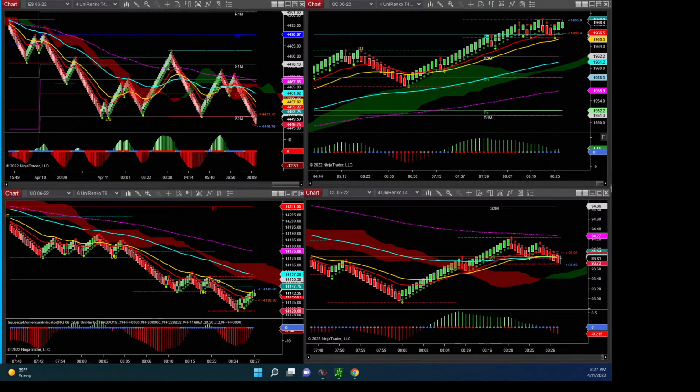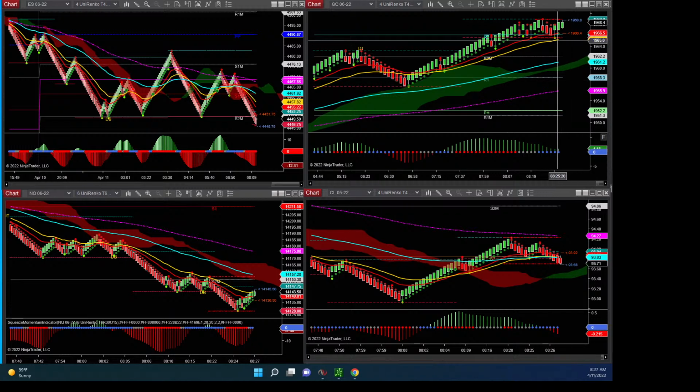It's a little bit too extended, but it's a 20. So the setup is correct in terms of the price action, right?